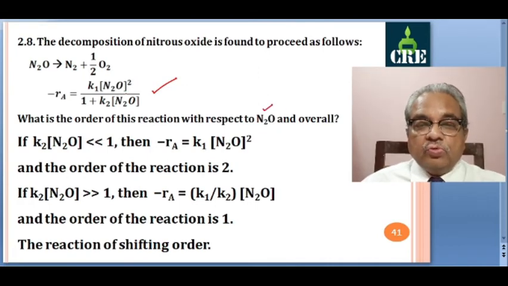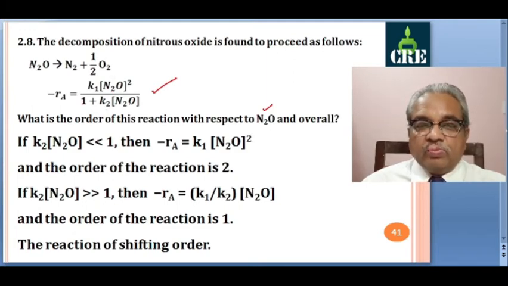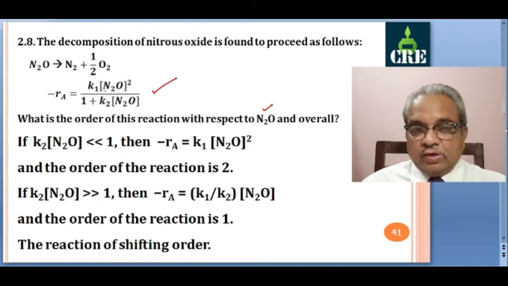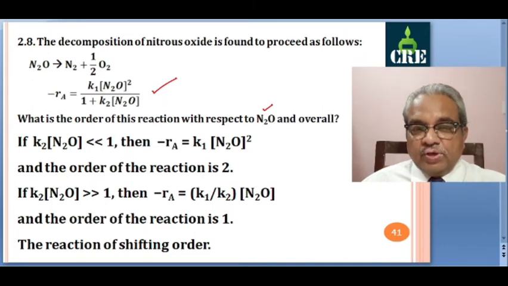Because this is a reaction of shifting order, we know the form K1Ca by 1 plus K2Ca, or here K1Ca square by 1 plus K2Ca form. Reaction of shifting order definitely. So you have to test two extremes, and the behavior will change from one extreme to another.